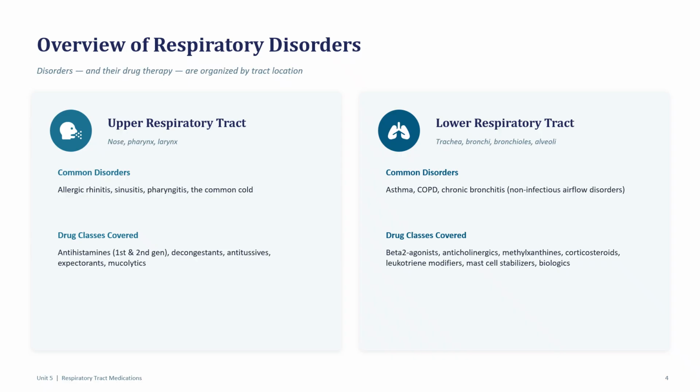These medications are the antihistamines, the decongestants, and the cough or mucus agents. And then the lower tract problems are mostly about airflow. So asthma, COPD, chronic bronchitis. These medications are the bronchodilators, the anti-inflammatories, and a few newer medications.